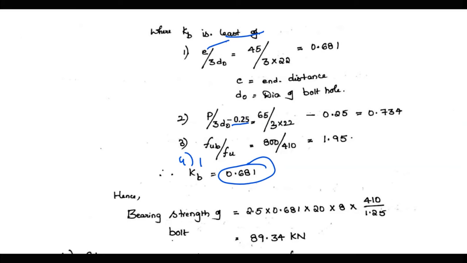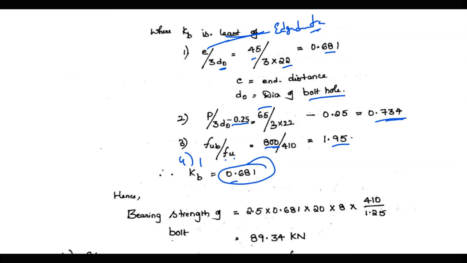E is the edge distance. We have already assumed it as 45. d0 is the diameter of the hole, 22. So next, p by 3d0, where p is the pitch, 65 assumed, minus 0.25, you get 0.734 as the value. And fub by fu: fub is the ultimate strength of the bolt, 800, and fu is the ultimate strength of the plate, 410, which gives 1.95.